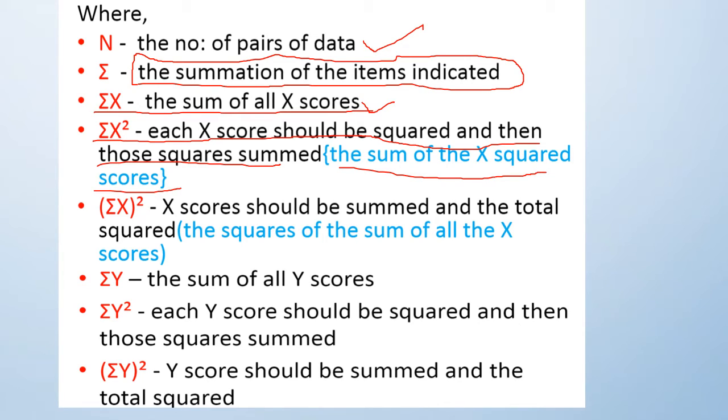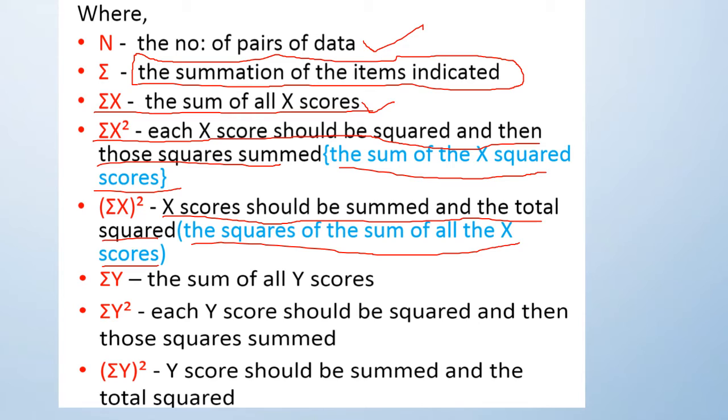Then summation x whole squared means all x scores should be summed and the total squared, the square of the sum of all x scores.